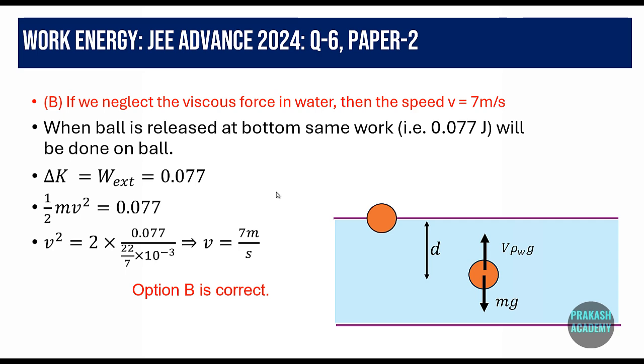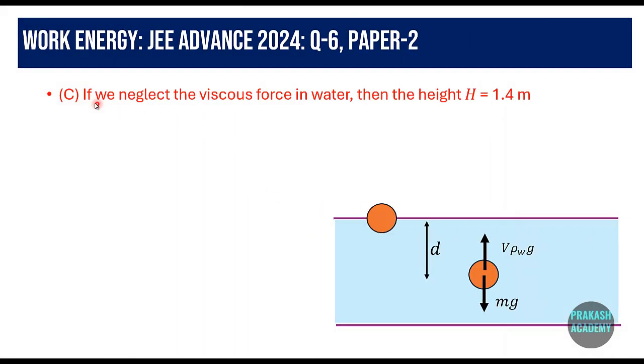Now let us check the third option, option C. Once again it says that if we neglect the viscous force in water, then the height h is equal to 1.4 meters. We have just calculated that if we neglect the viscous force, the velocity at this point is 7 meters per second.